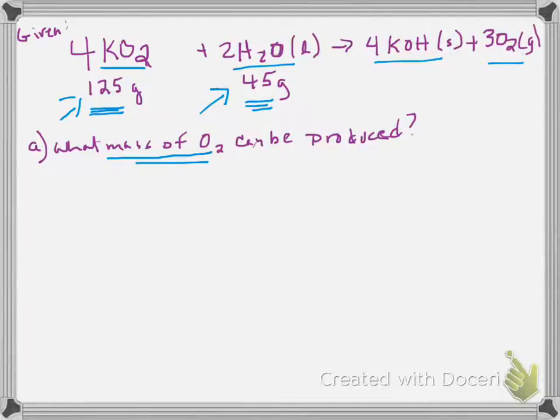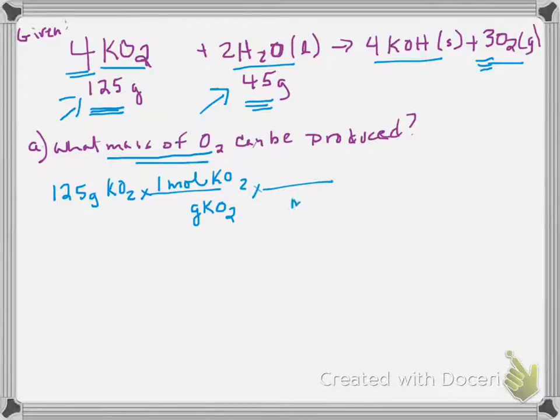So starting with the first problem, I have 125 grams of the potassium superoxide. I need to get to moles so that I can relate the 4 moles of the potassium superoxide with the 3 moles of the oxygen in a mole-to-mole ratio. So getting to moles, I'm going to just use the molar mass of the potassium superoxide.